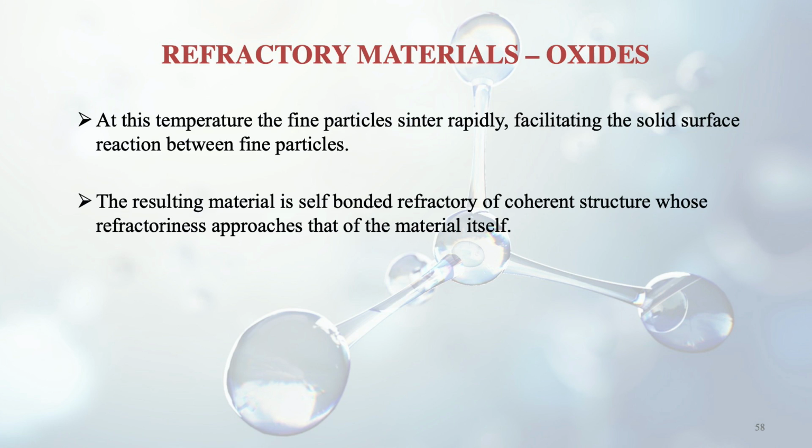They are very tightly bonded now, self-bonded by their properties only. The self-bonded refractory of coherent structure is formed whose refractoriness approaches that of the material itself. So even after sintering and coalescing, the refractoriness can be as good as the original material itself.